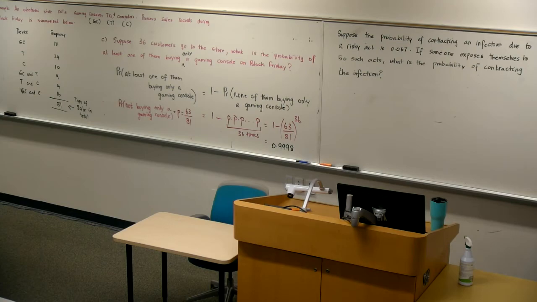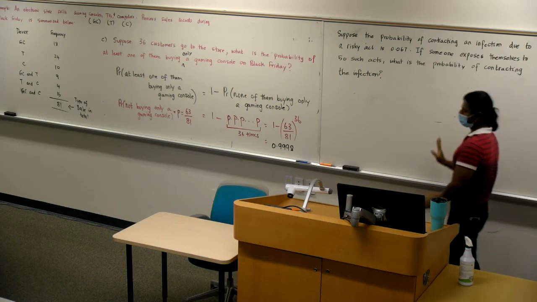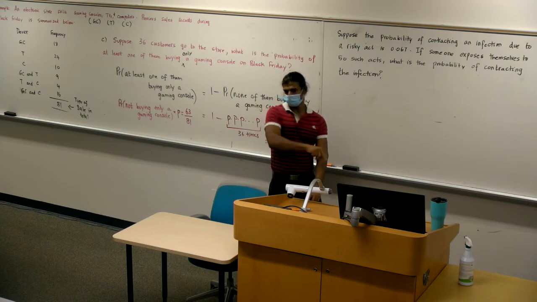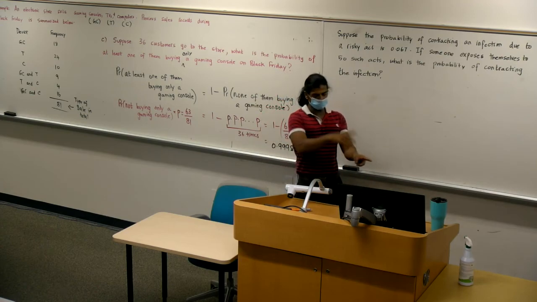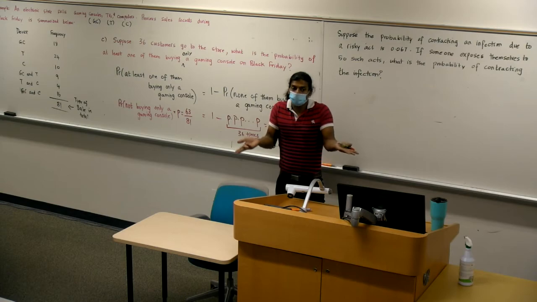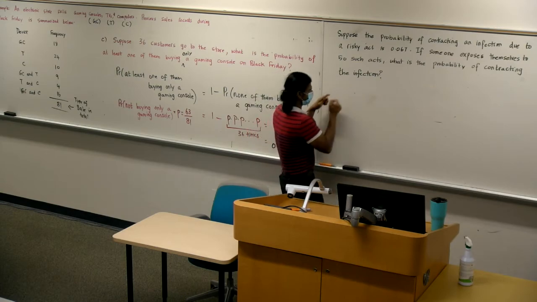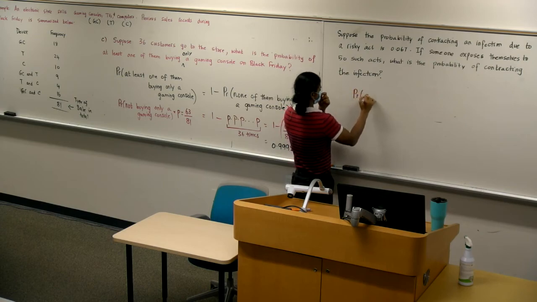Exactly one or at least one of those? At least one. Right. In at least one of those 50 acts, the person got exposed. We're not saying, oh, you got it once, you're not going to get it again. At least one of those 50 acts, you ended up contracting the infection. So this would be the probability that at least one.